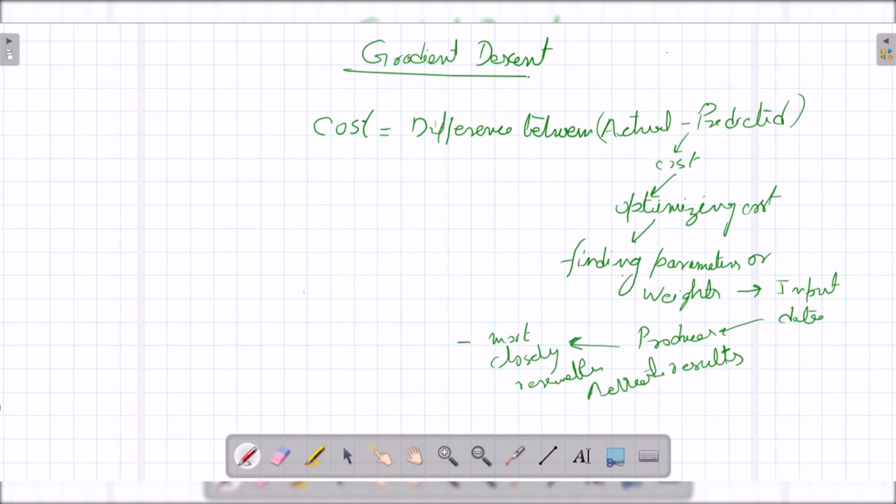So it means the difference between your actual and predicted should be as minimum as possible.